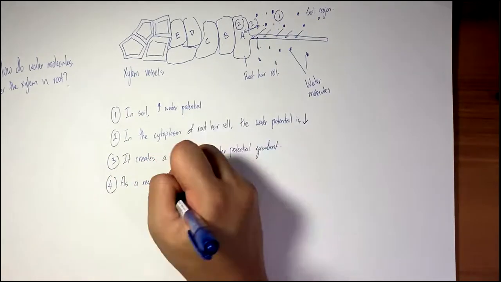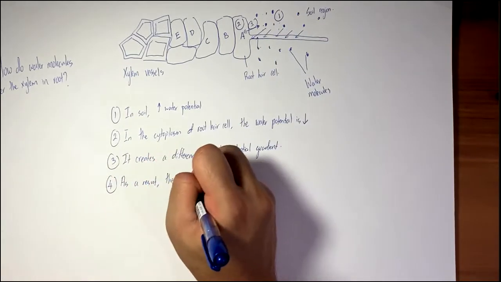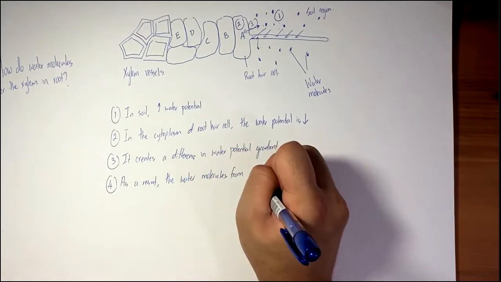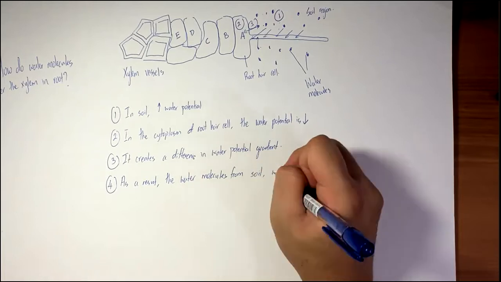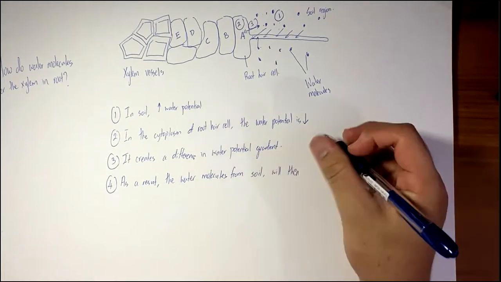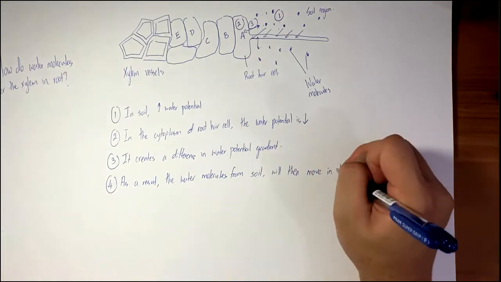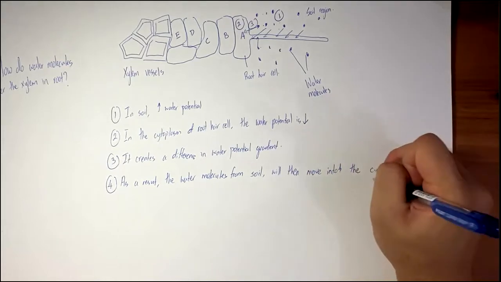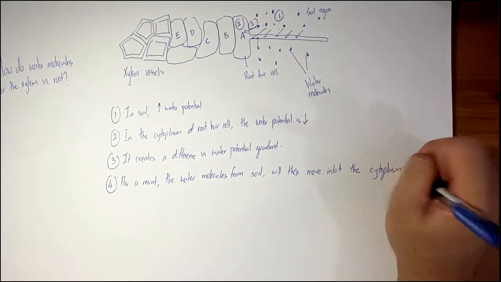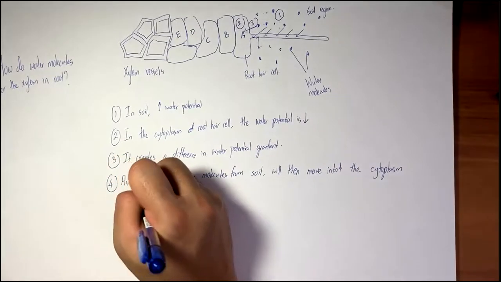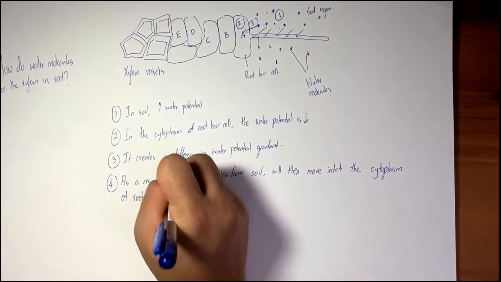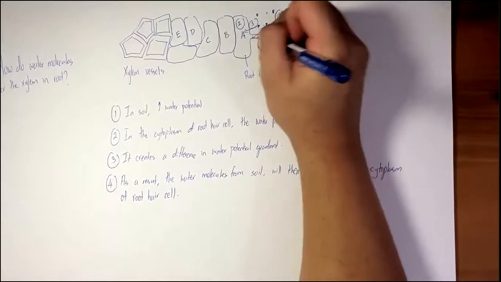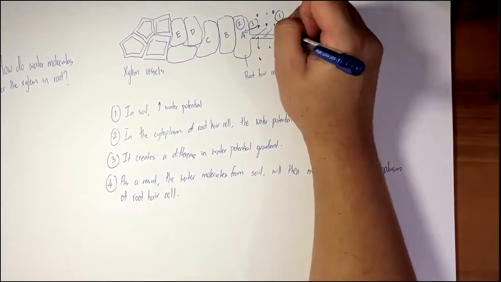The water molecules from the soil will move into the cytoplasm of the root hair cell, which is the arrows drawn here. That is number 4.